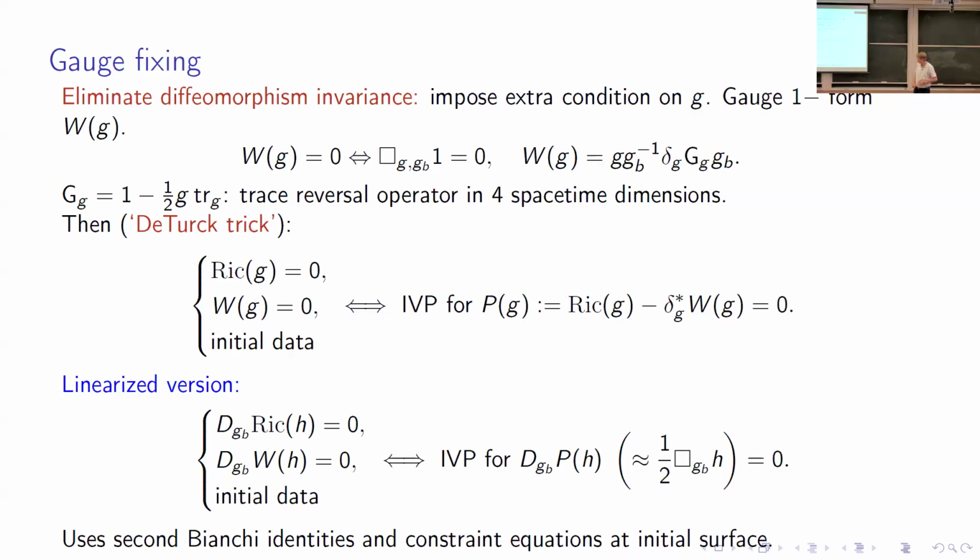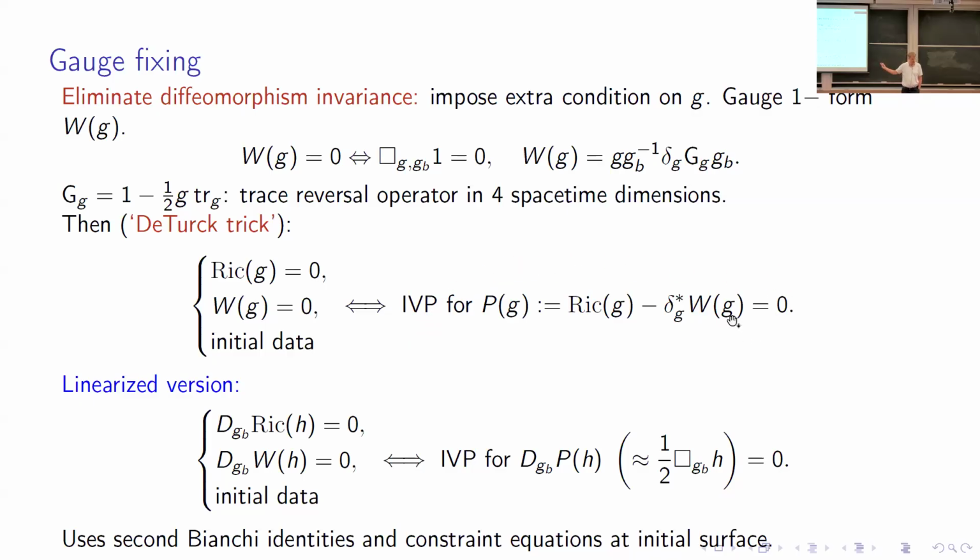So this is the usual Einstein operator in four spacetime dimensions. And then you add these gauge conditions, meaning that you don't look only at Ric(g) equals 0, but also at W of g equals 0, and you put some initial data.